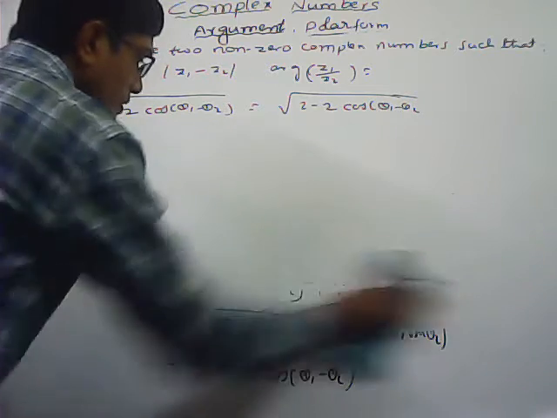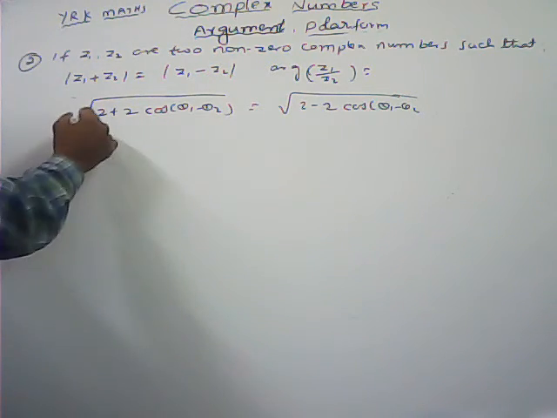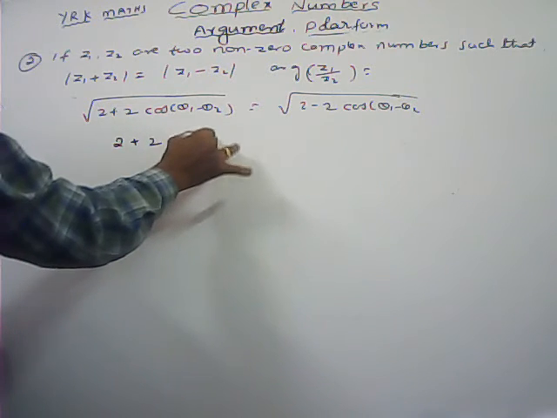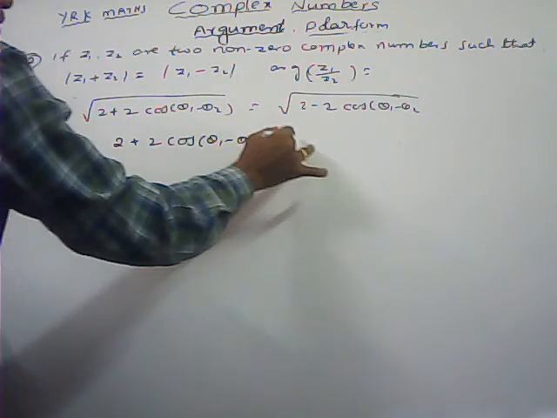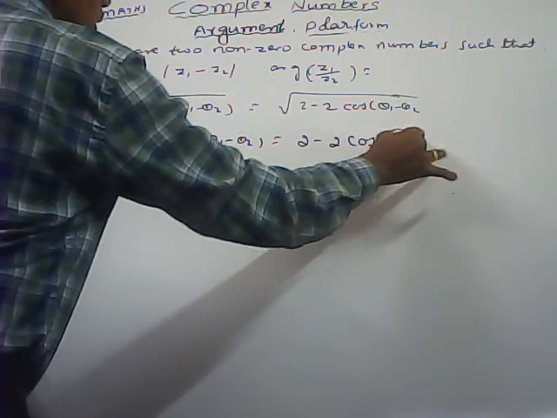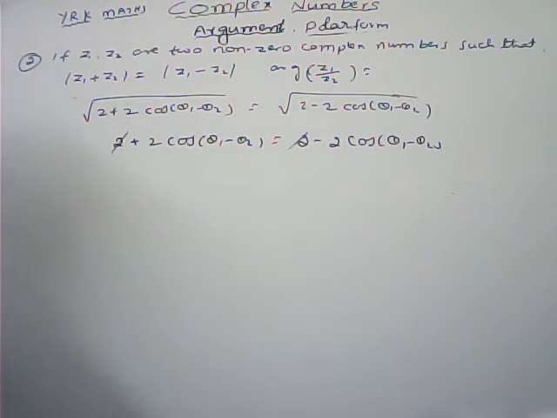Now that one we can simplify. Squaring on both sides, 2 plus 2 into cos of theta 1 minus theta 2 is equal to 2 minus 2 into cos of theta 1 minus theta 2. Here 2 gets cancelled.